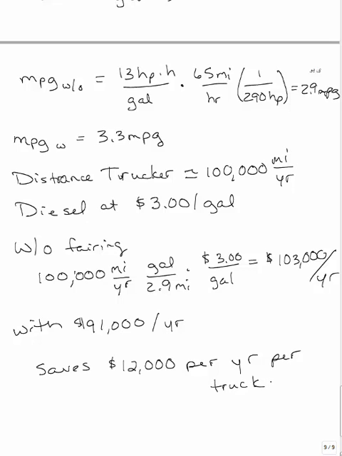So now if you got a fleet of trucks, say you got 1,000 trucks, then you're going to save a lot of money. If you had 1,000 trucks, that's $12 million per year for just that little bit of difference in miles per gallon. So the fairing would be worth it. I mean, how much is that going to cost? I don't think it's going to cost $12,000. So you're going to make up your money quickly.